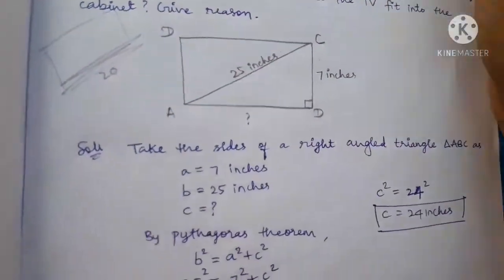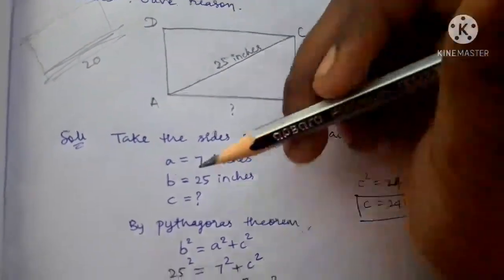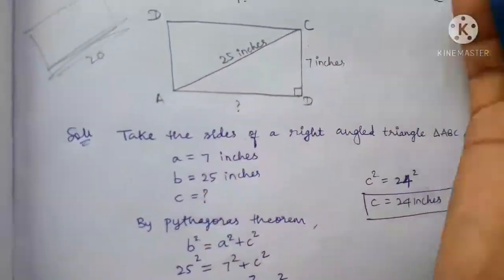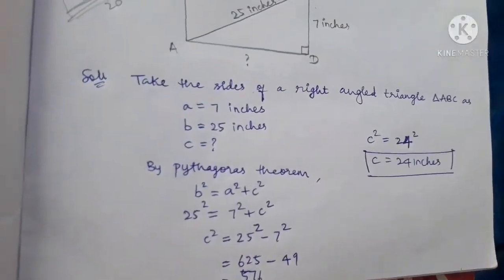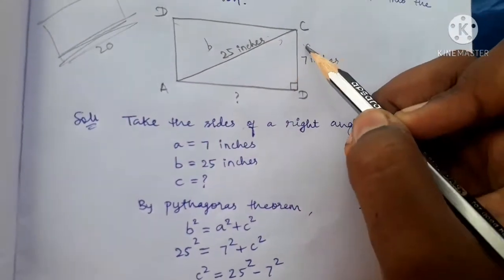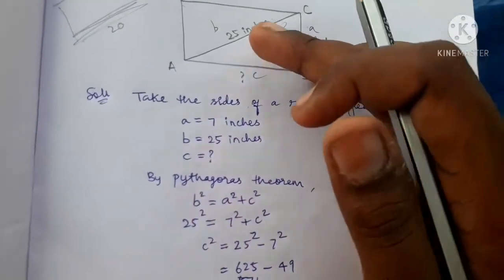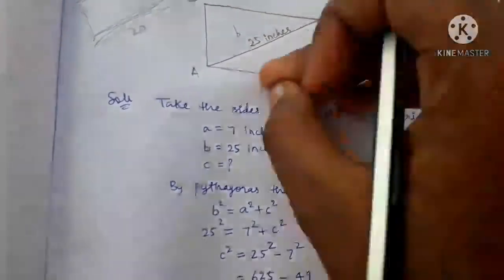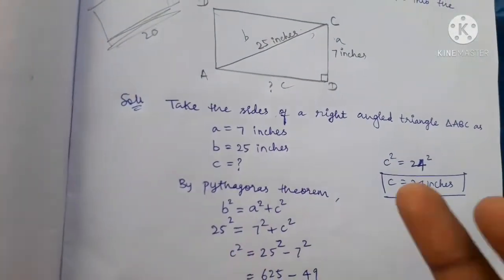So, take the sides of the right angle triangle ABC as A equals 7 inches, B equals 25 inches, C square equals what? Sorry, C. So this will be B, A, and this is C. Now, B square, hypotenuse square equals A square plus C square. Then 25 square equals 7 square plus C square.